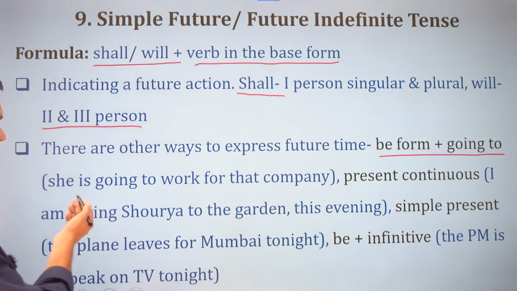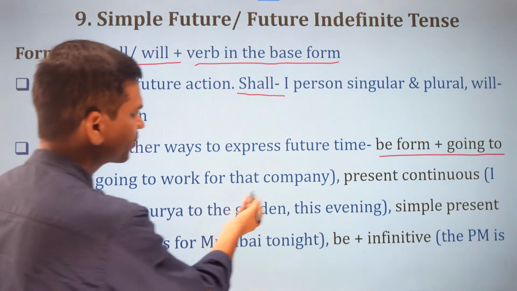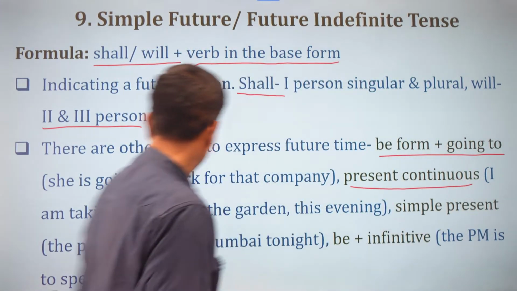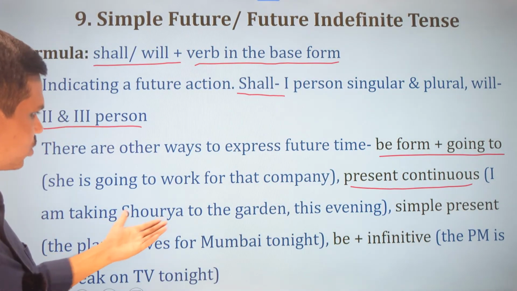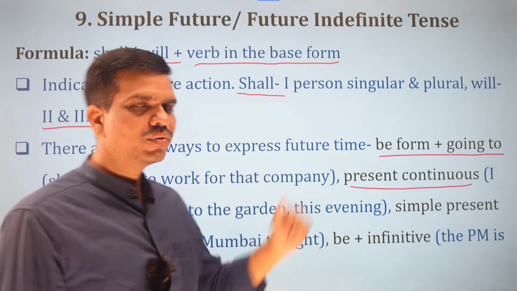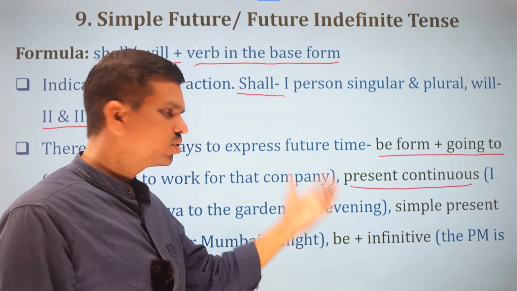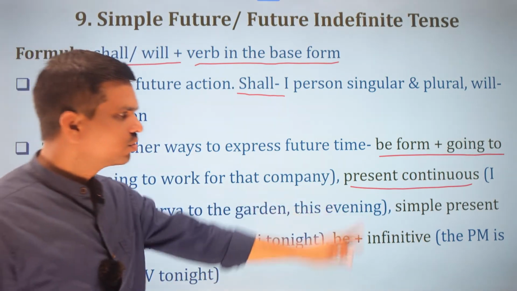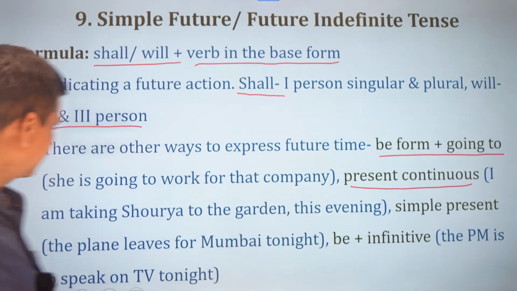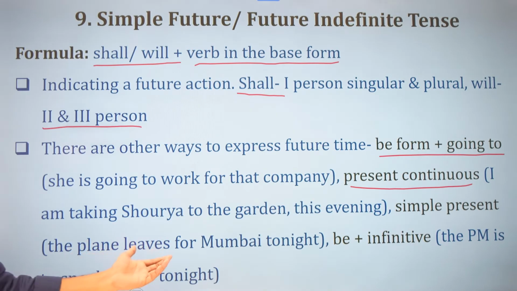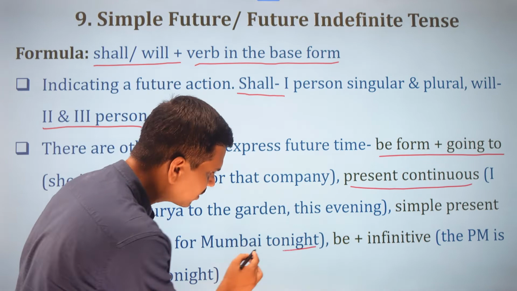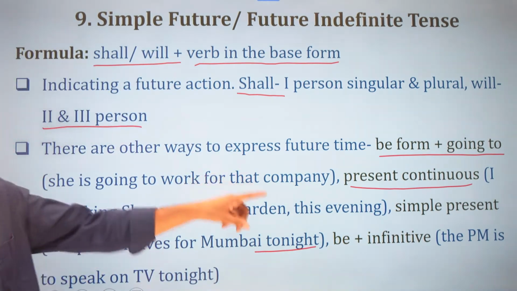Then for example, here we have she is going to work for that company. Then present continuous also, I am taking Shaurya to the garden this evening. Again this evening shows the future time, but it is in present continuous. Then you can use simple present. The plane leaves for Mumbai tonight. So tonight again indicates future time, but you are using simple present tense.